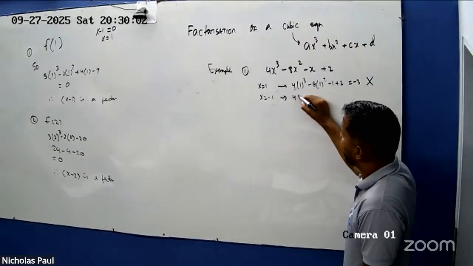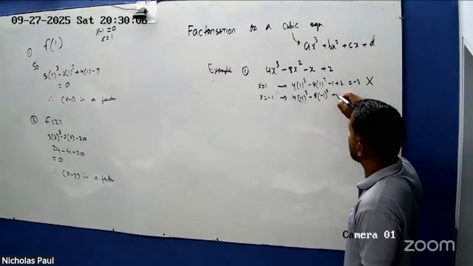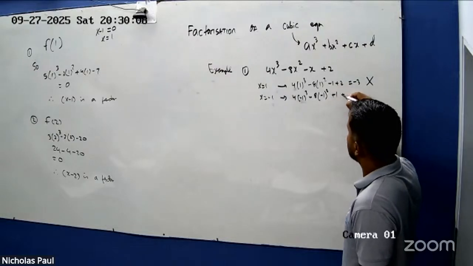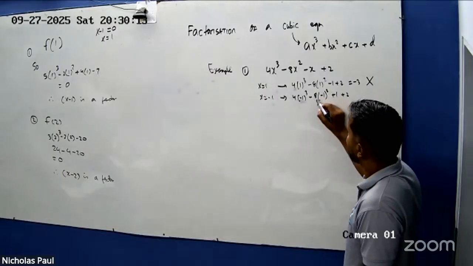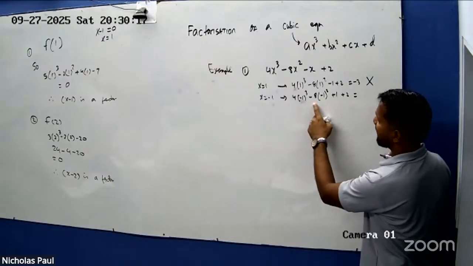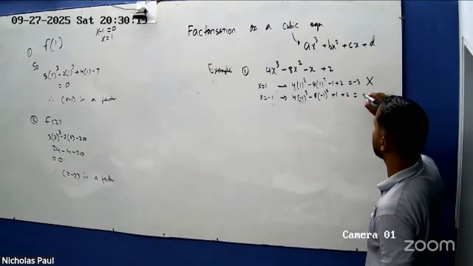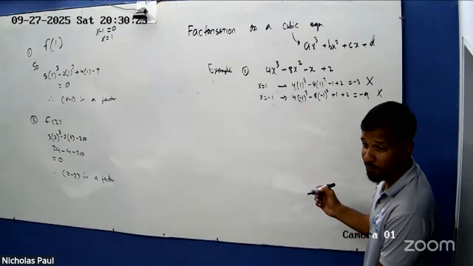So it will be 4 by minus 1 cubed minus 8 by minus 1 squared plus 1 plus 2. This is minus 4 minus 8, that's minus 12 plus 3, that's minus 9. Don't want that.